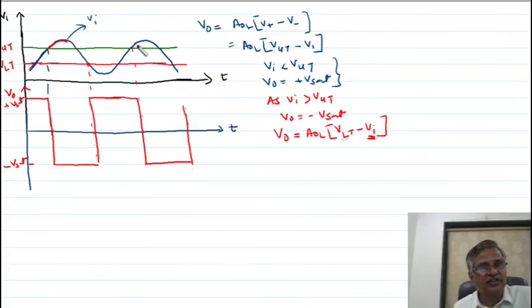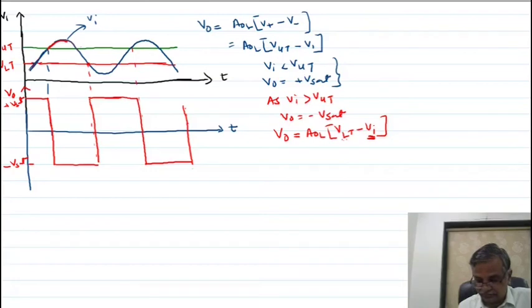So the output changes state at the upper threshold voltage level while increasing, and at the lower threshold voltage level while decreasing. In this way, this circuit converts the slowly varying sine signal into a square wave. The Schmitt trigger is used to convert the slowly varying sine wave signal into a square wave.